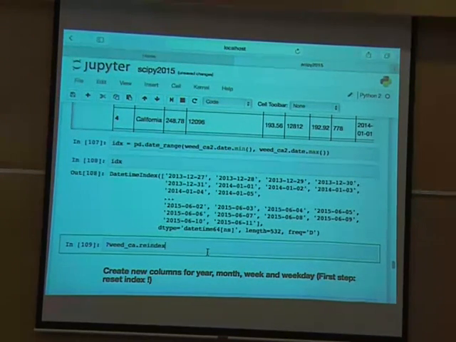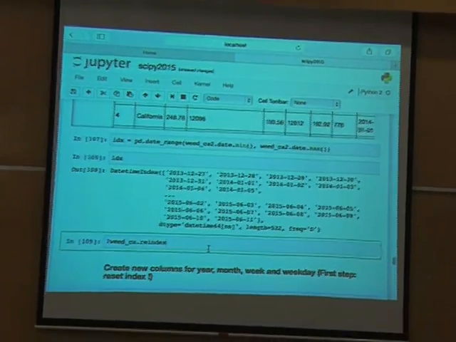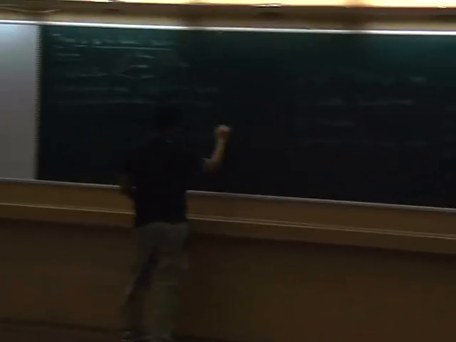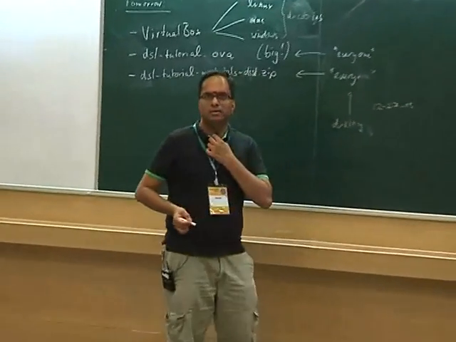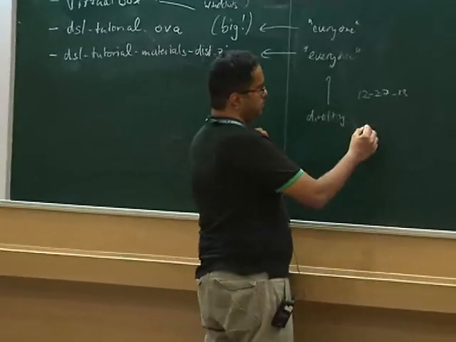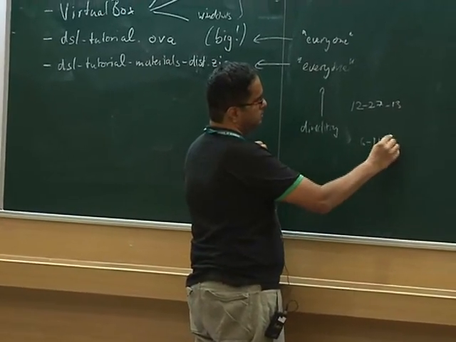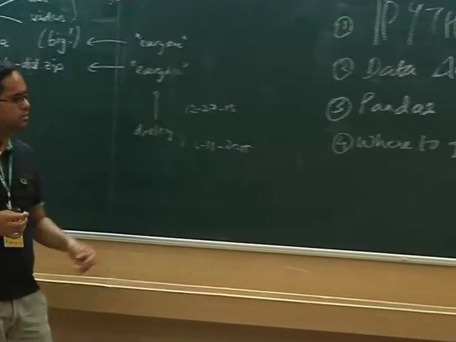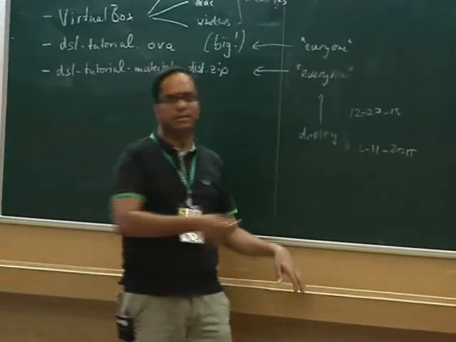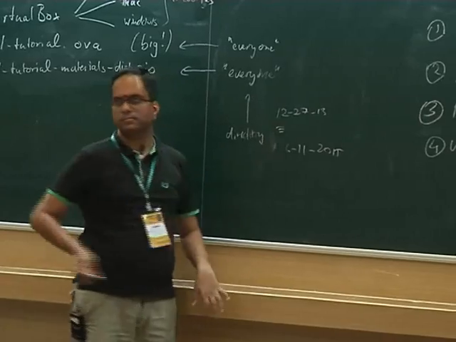No? Okay. So, I mean, this is just a way to think, right? So you have dates all the way through 2015. So you have dates here, but there are some dates which are missing here. Okay.